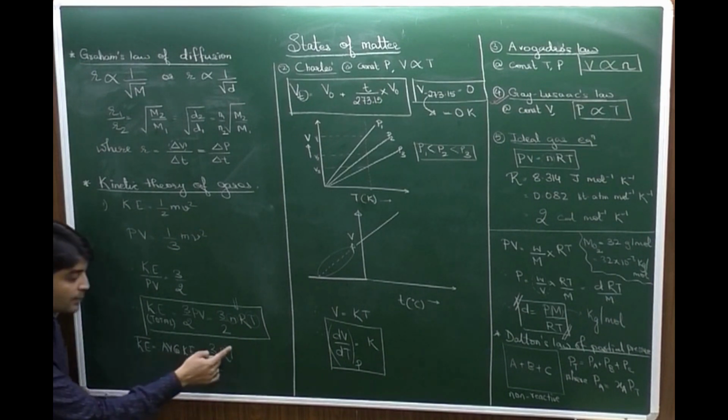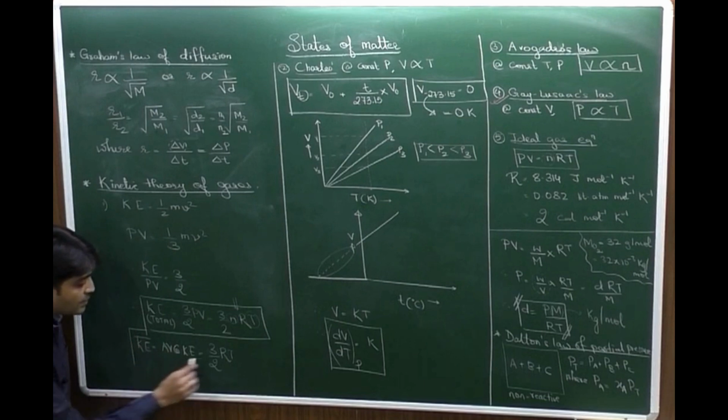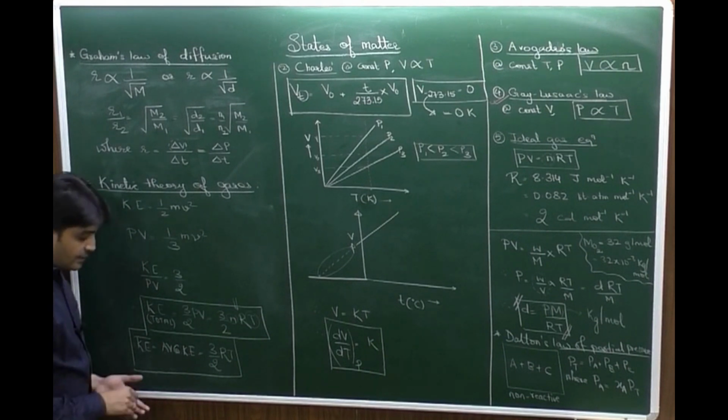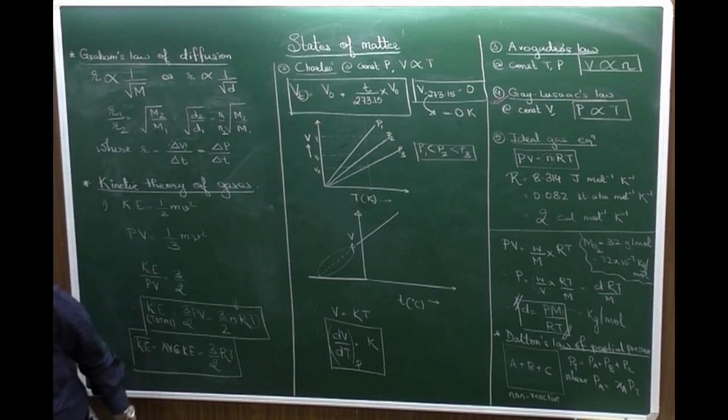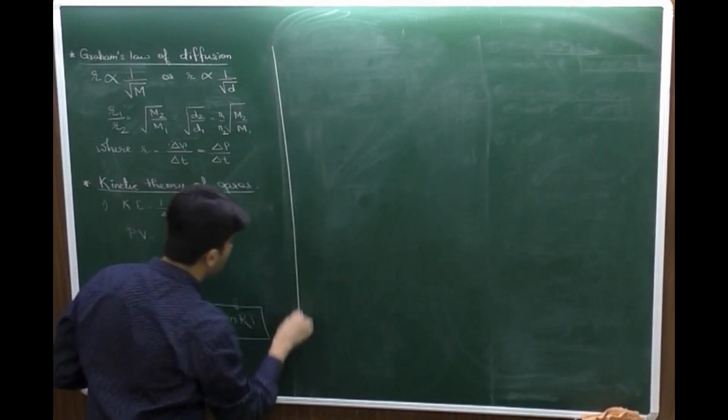So if the temperature changes, the KE ratio will change. But average kinetic energy at the constant temperature for different gases is going to be the same. Very, very important.